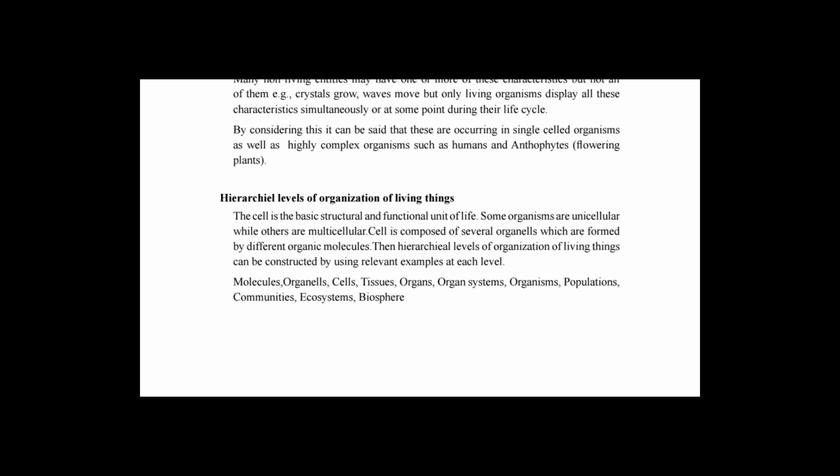In the diversity part, we saw organisms are diverse according to their form. What are the two types of form? Unicellular and multicellular. For unicellular, we studied amoeba. For multicellular, we studied any plant or animal or human. A cell is composed of several organelles which are formed by different organic molecules.